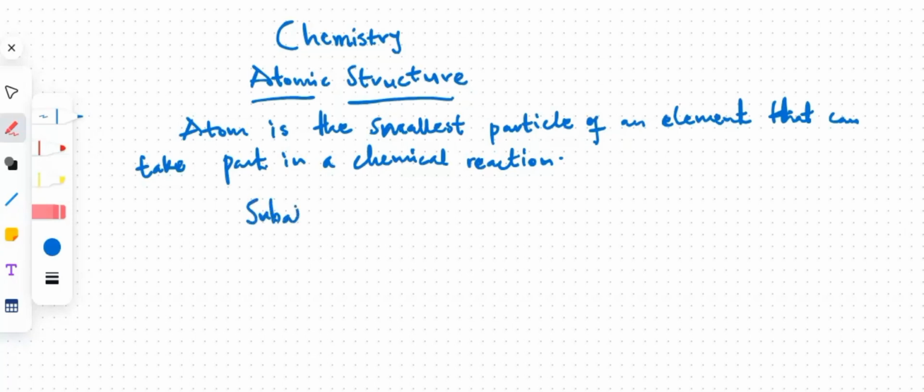So we have what we call the subatomic particles. The word sub here means under or smaller than. So it is under atomic particles, so under atoms. So what are these subatomic particles? Basically, there are 3 of them.